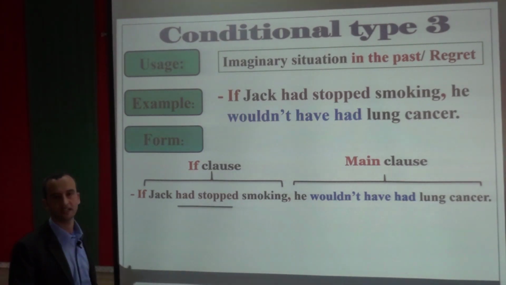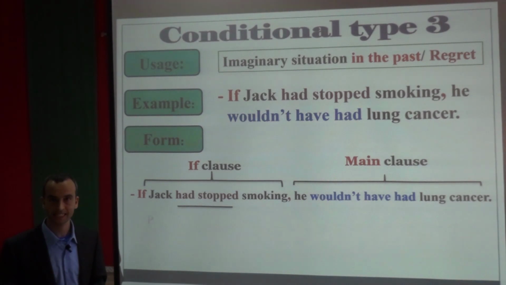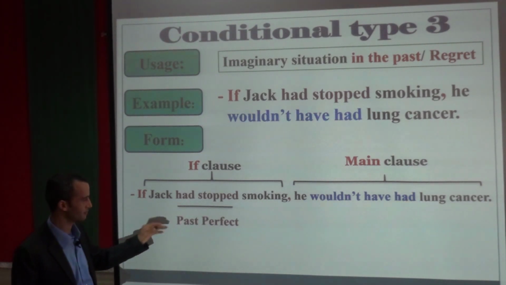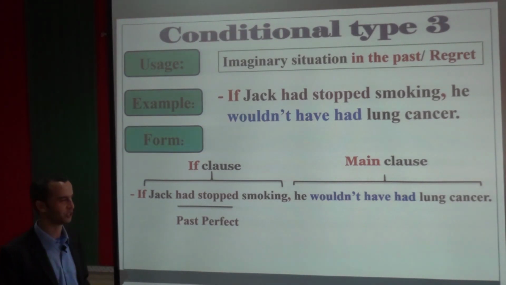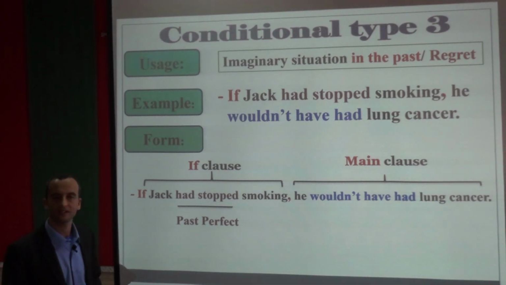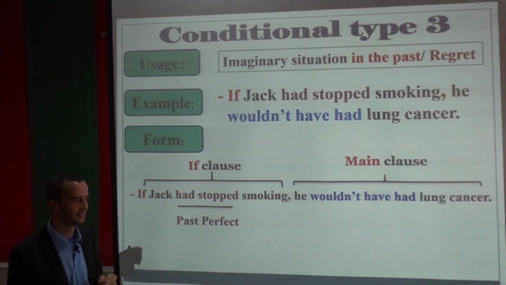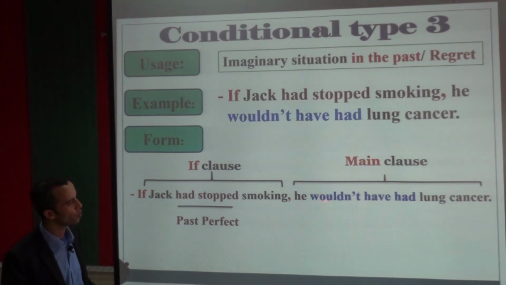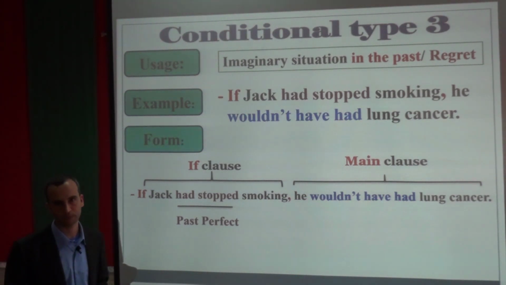Here we use the past perfect. Fine? It is the past perfect tense. What about the main clause? What do we have there? Let's see. We have would or could, depends on the situation. So would have plus past participle.